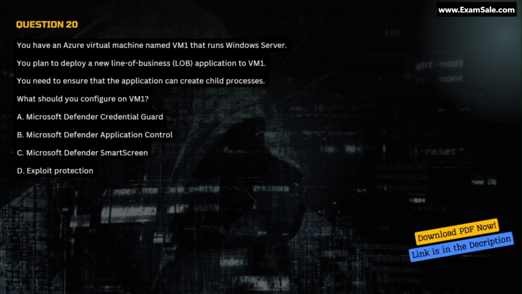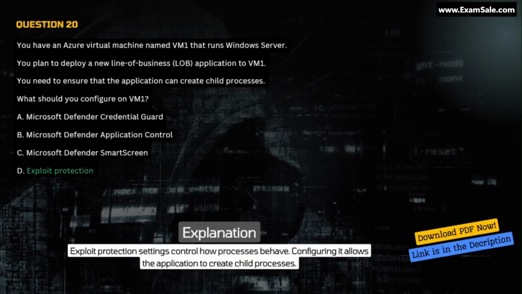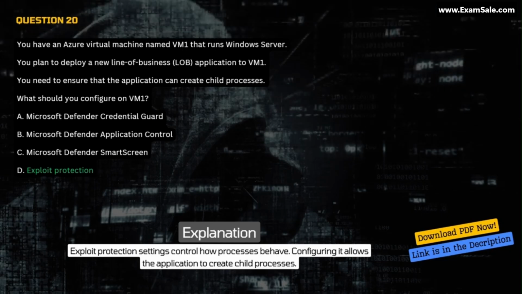B. Microsoft Defender Application Control. C. Microsoft Defender SmartScreen. D. Exploit Protection. Correct answer D. Exploit Protection. Explanation. Exploit protection settings control how processes behave. Configuring it allows the application to create child processes.